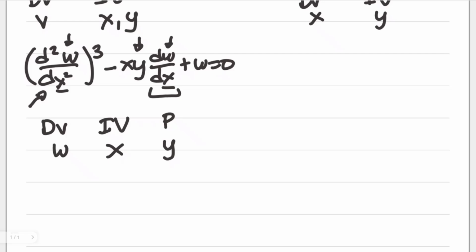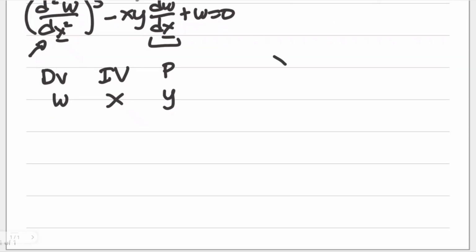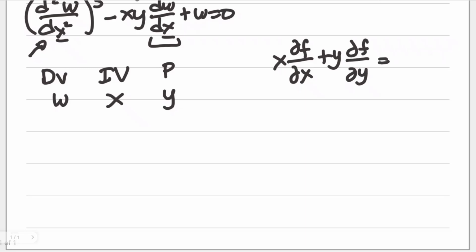And let's have the last one. The last given is x times the first-order partial derivative of f with respect to x, plus y times the first derivative of f with respect to y, equal to nf, the product of n and f.